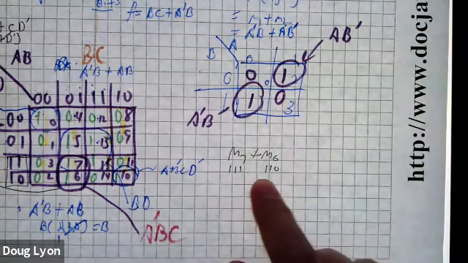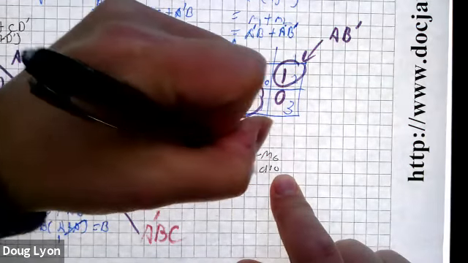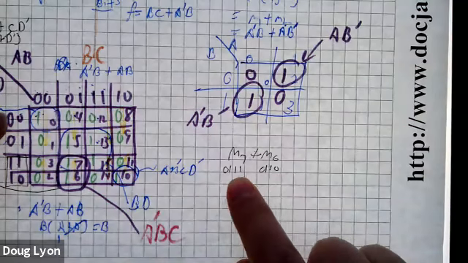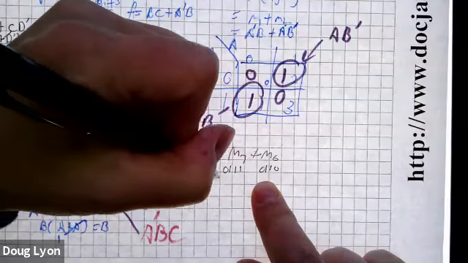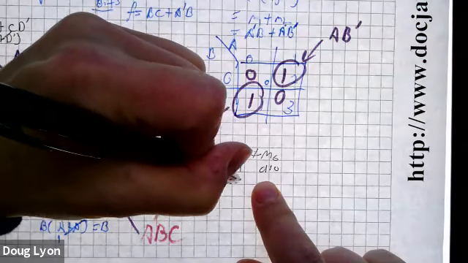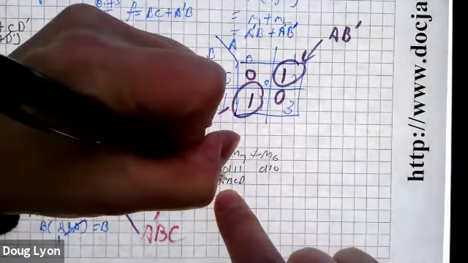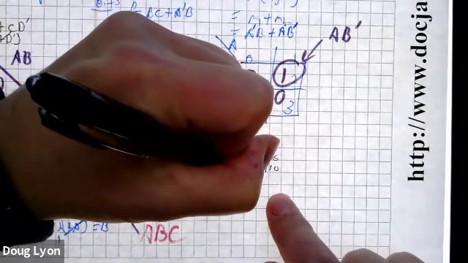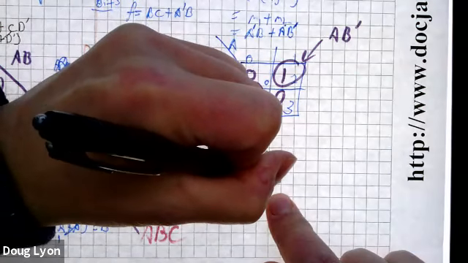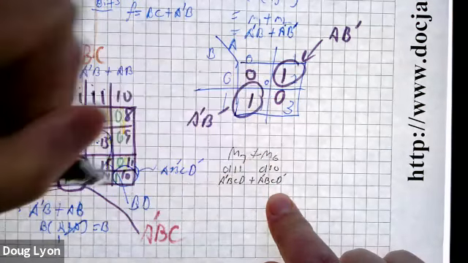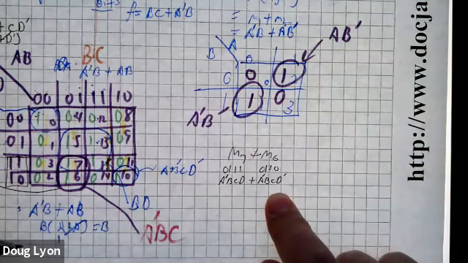And because it's a 4-variable K-map, they have leading zeros. Now if you write these out, you write out A, B, C, D with A inverted, or A, B, C, D with D and A inverted. Now you can take out the common terms.